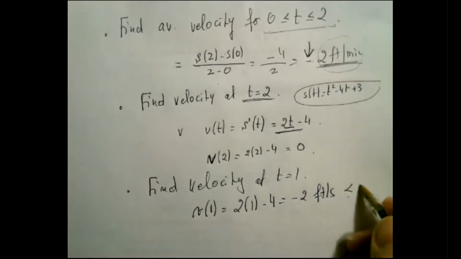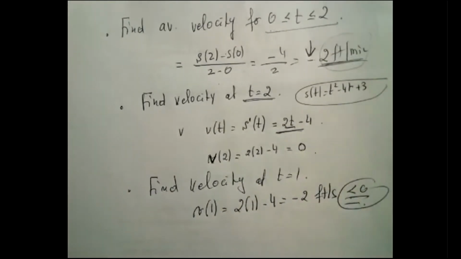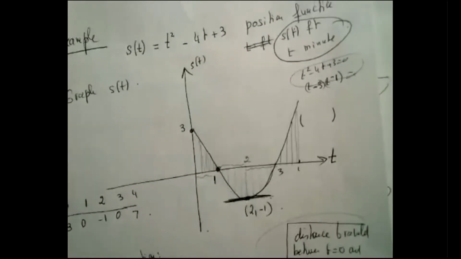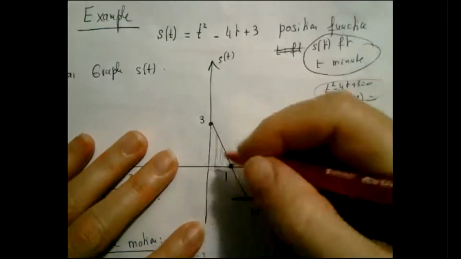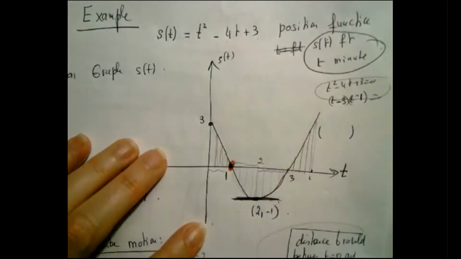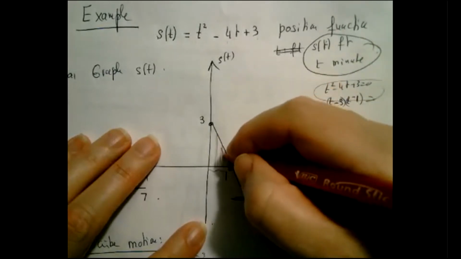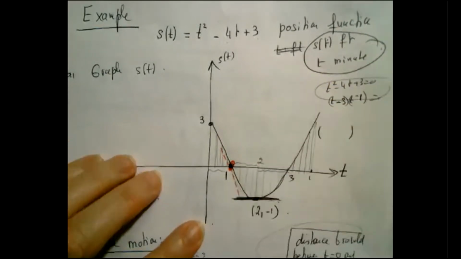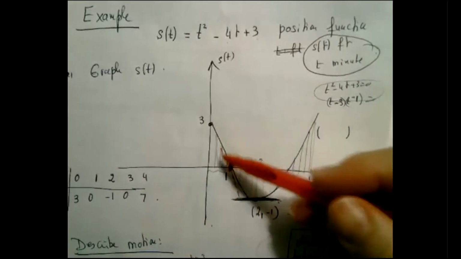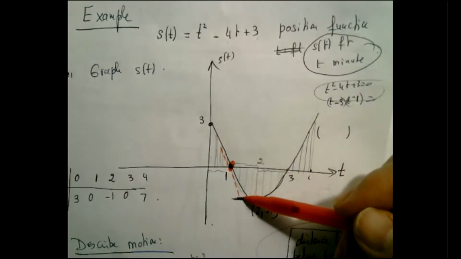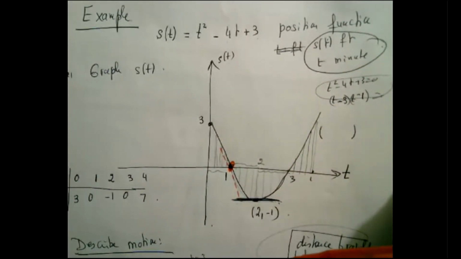Now, why is the velocity negative in this problem? Let's go back to the question. So after 1 second, when t equal to 1, if we look at the graph, I'm finding the velocity. It means I'm finding the slope of the tangent line, basically. So we expect the velocity to be negative because the slope is negative.